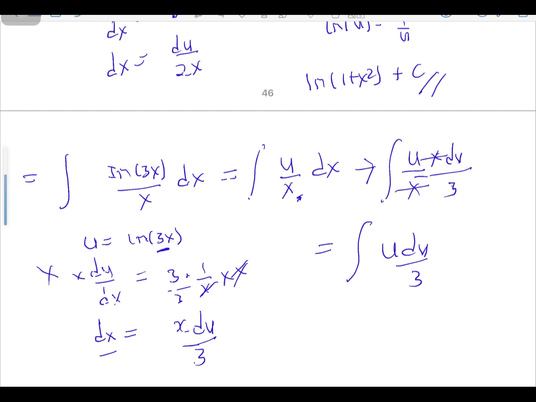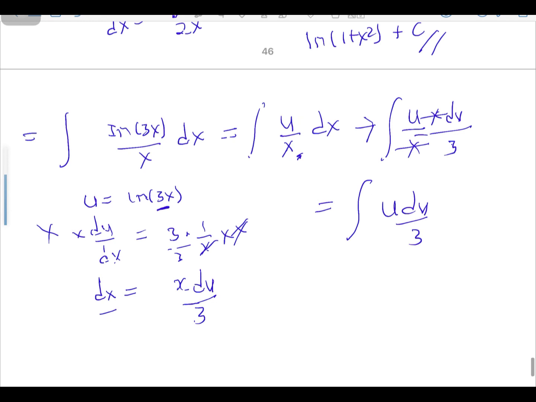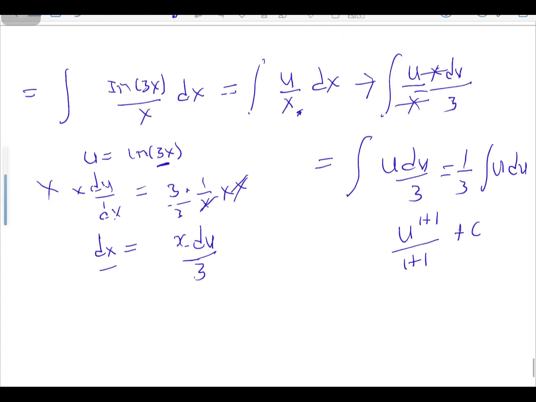So getting this integral of u du over 3, you bring the constant out, and then you integrate whatever you want to integrate, which is u du. You are going to get u to the power 1 plus 1 over 1 plus 1 plus c, which is u squared over 2 plus c. And don't forget that there's a 3 outside here, so it's multiplied by 1 over 3.